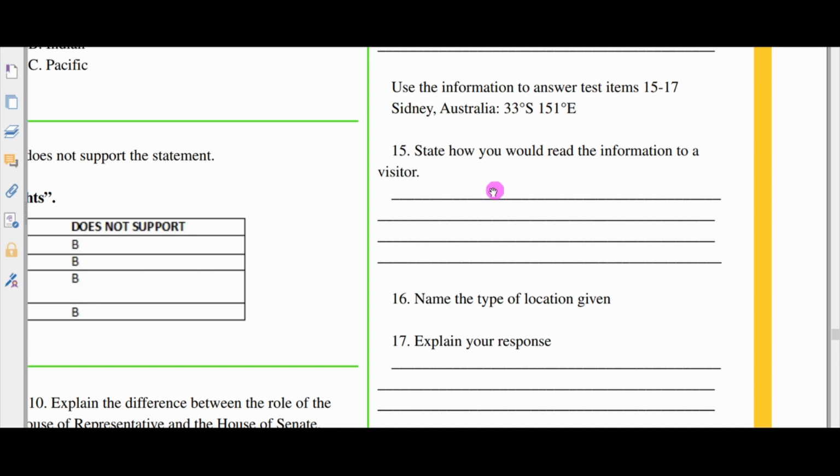So this would be your absolute location, in that this is a specific point on the face of the earth. It can technically get more specific than this. It could be 38 degrees, and they go into how many minutes and seconds to be more specific. So this is absolute location.